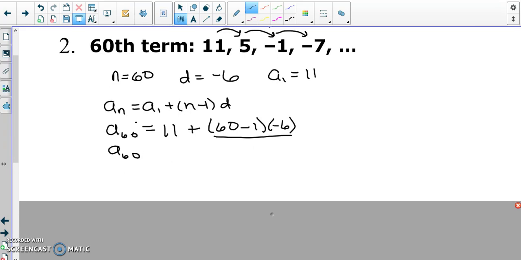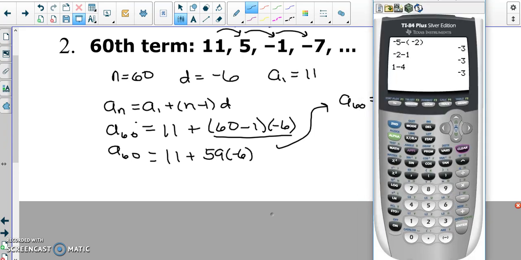All right, so a sub 60 equals 11 plus 60 minus 1 is 59 times negative 6. So now a sub 60 equals, now make sure you multiply 59 times negative 6 there. So 59 times negative 6 is going to give me negative 354.